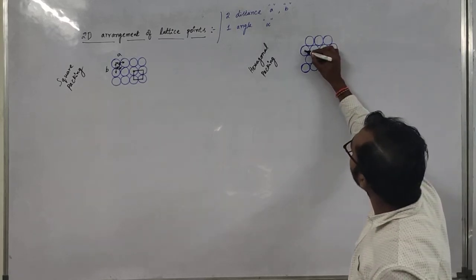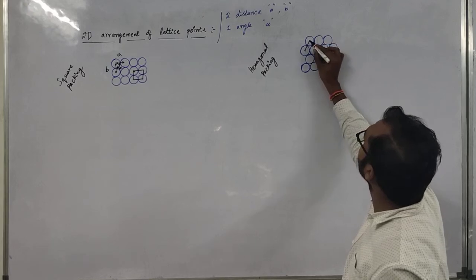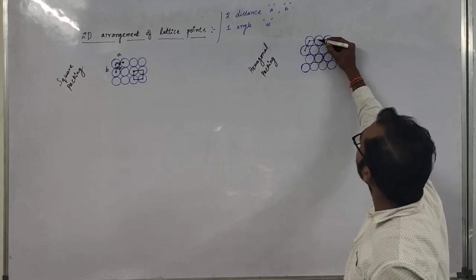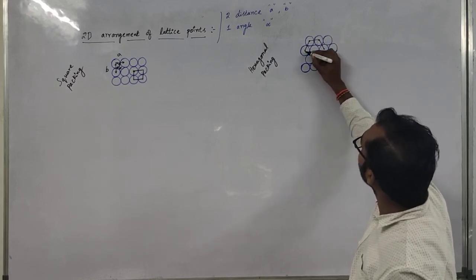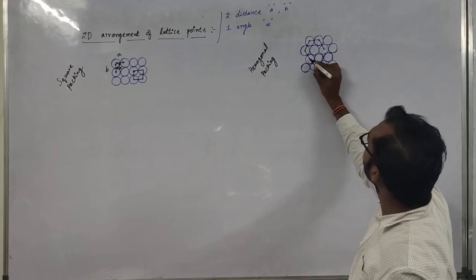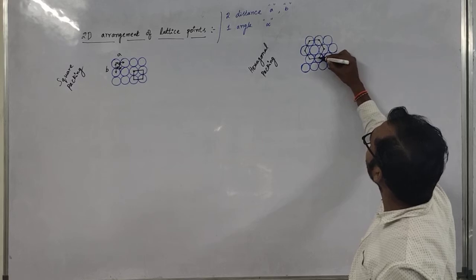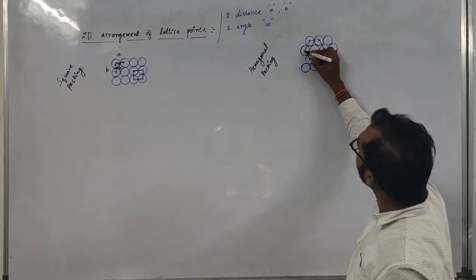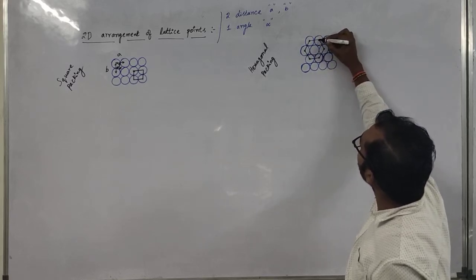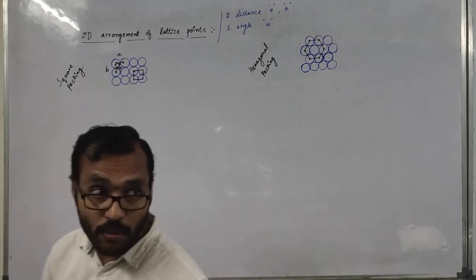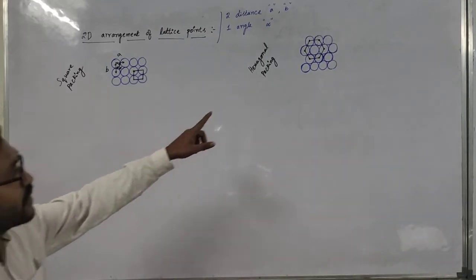Now observe. Can I construct a hexagon here like this? As I am capable of constructing a hexagon, that's why we call it a hexagonal pattern. Or we can also make a triangle. Can I construct triangles here?